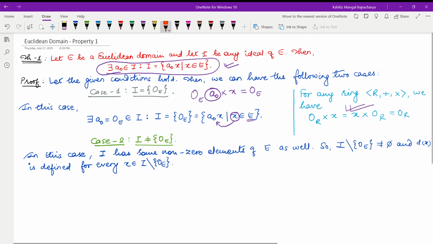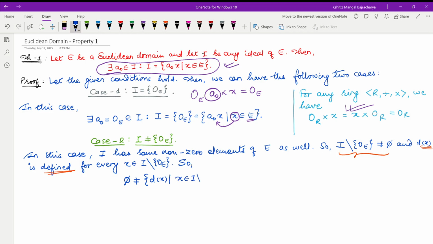Therefore, since this is non-empty and this is well defined, we can say that the set of d-values of non-zero elements of I is a non-empty subset, because there are x's in I minus 0_E, and for such x's d(x) actually exists.